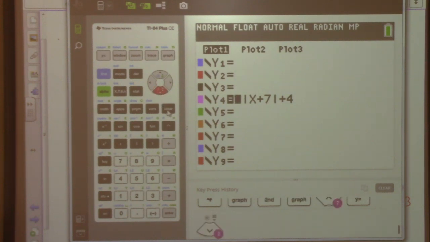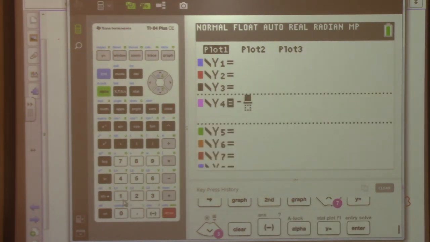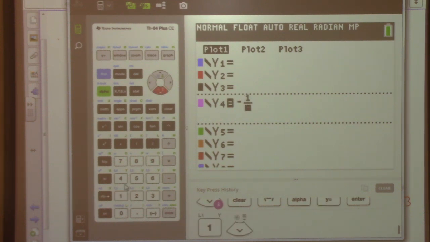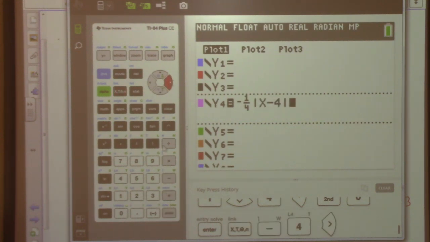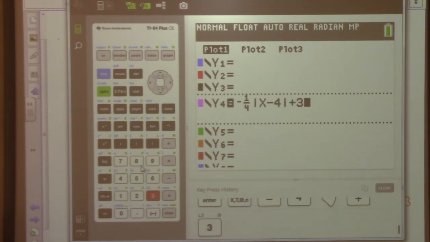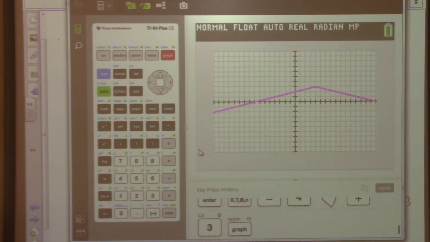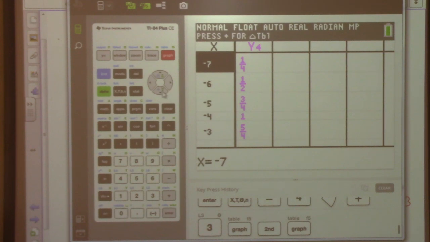We enter negative 1/4, absolute value, x minus 4, plus 3, and see how the graph looks. Then we check our points to make sure we have 0, 2.